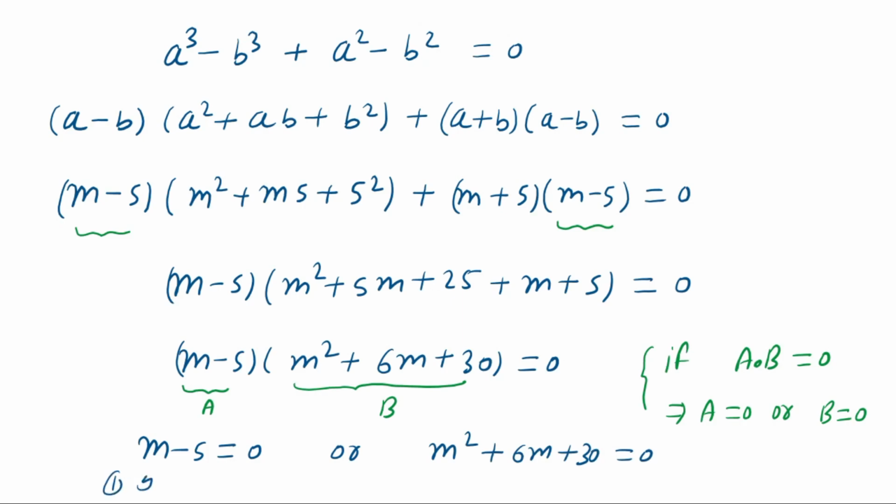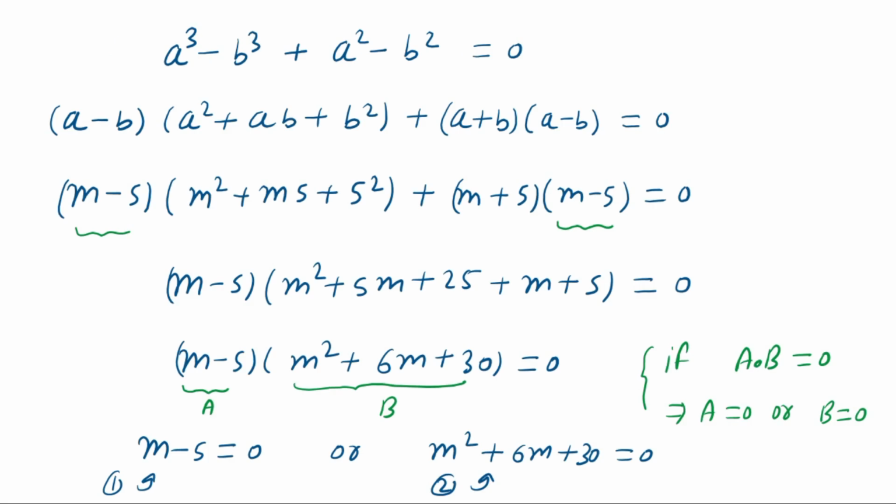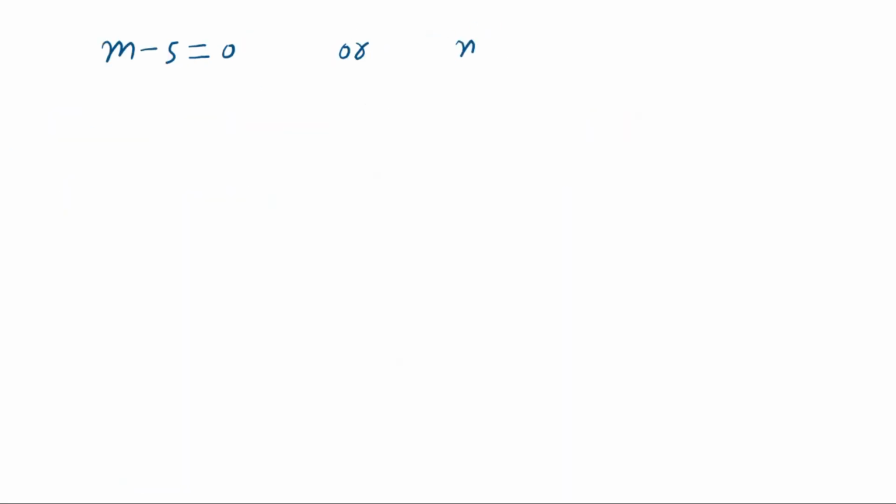Let's say this is case first and this is case second. Case first is m - 5 = 0, and case second is m^2 + 6m + 30 = 0.